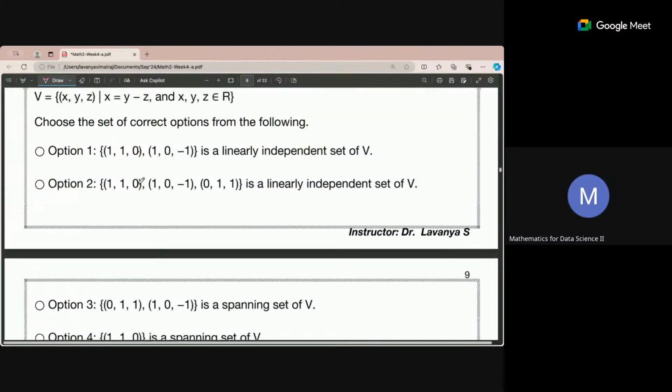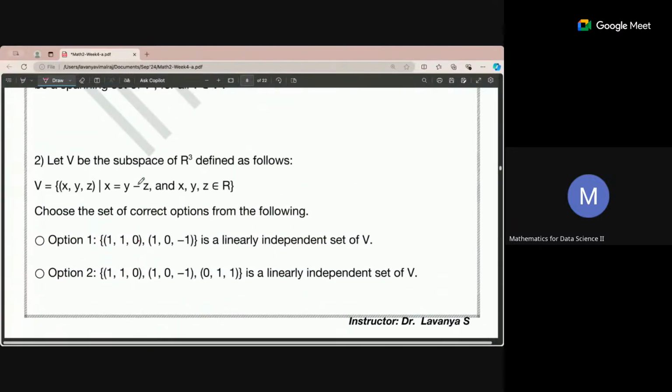Now let us rewrite this statement: x is given as (y minus z, y minus z, y, z), where y and z are in R. First of all, are these two elements in V?